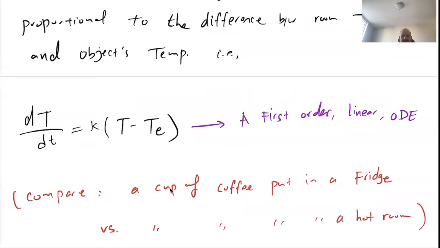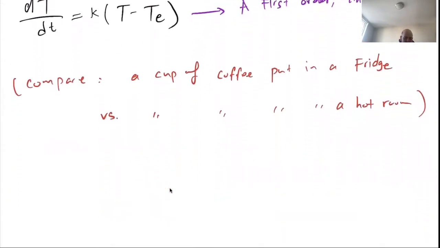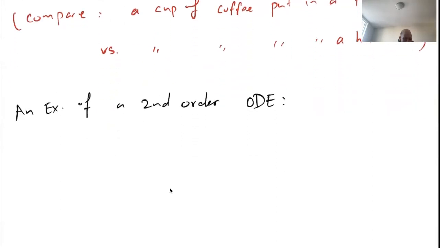So let's look at also an example of a second order ODE. An example of a second order ODE. So basically Hooke's law.